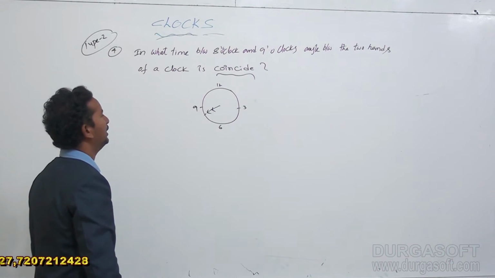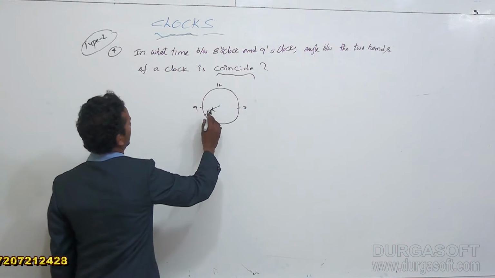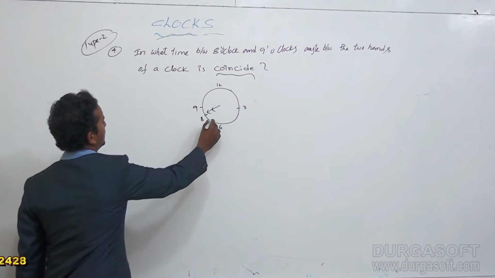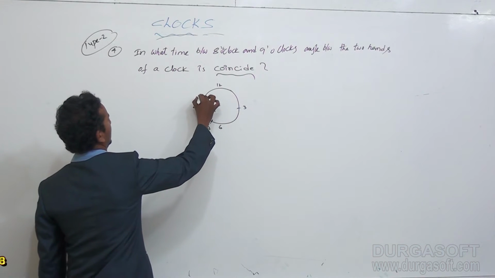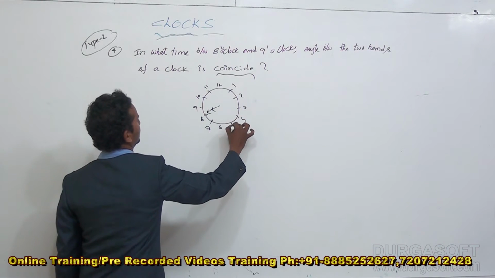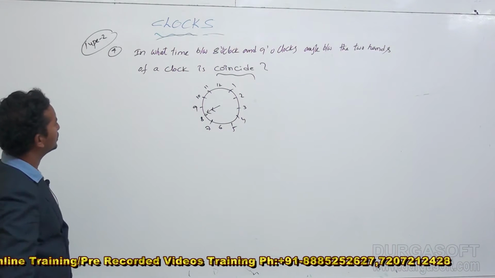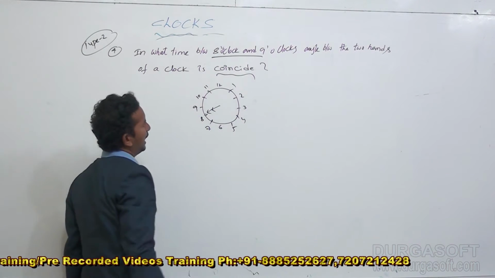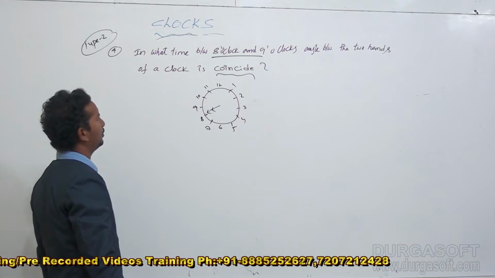So this is the 8, this is the 9, this is the 7, 10, this is 11, 1, 2, 4, this is the 5. Okay, this is my clock source. Between 8 o'clock and 9 o'clock, the angle of the two hands of the clock is coincident.